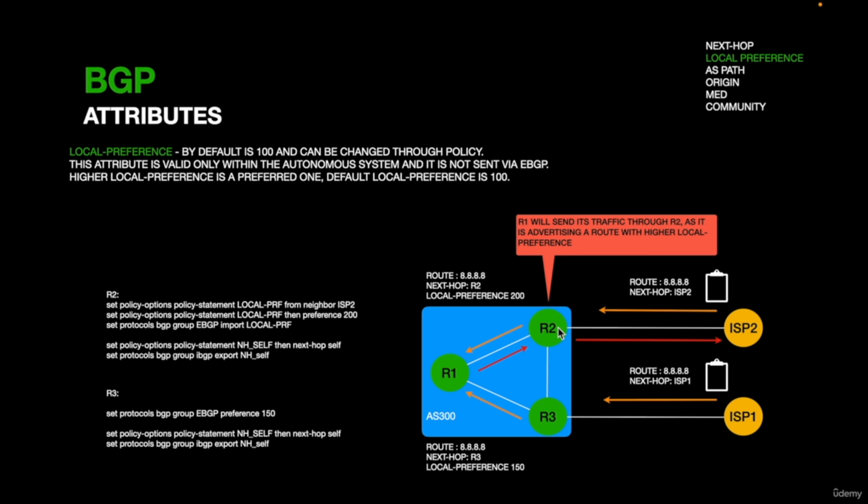As we can see here, R2 will advertise a route with a local preference of 200, and R3 will advertise a route with the local preference of 150. R1 will compare both routes and it will see that the route received from R2 has a higher local preference, so it will send its traffic via R2 and ISP2.